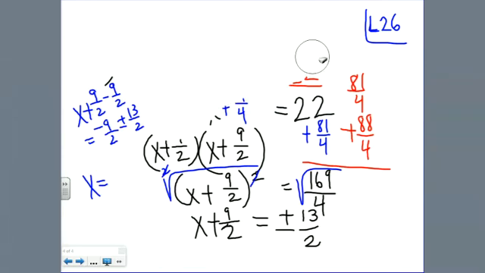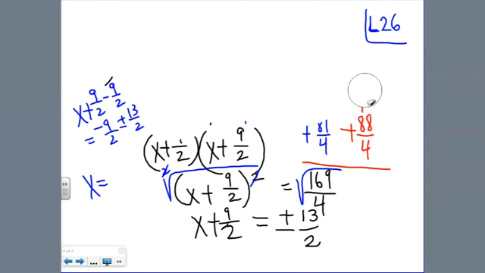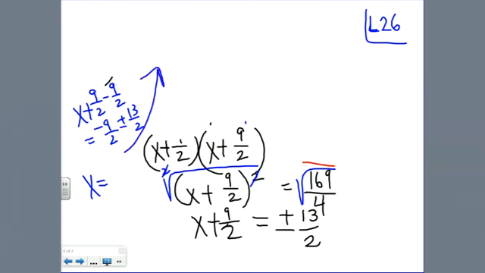So when we write this as one big fraction up here, we have x is equal to -9 plus or minus 13 all over 2. Now, because all we're left with are numbers, there are no radicals or imaginary parts, we need to split this and get our two answers.